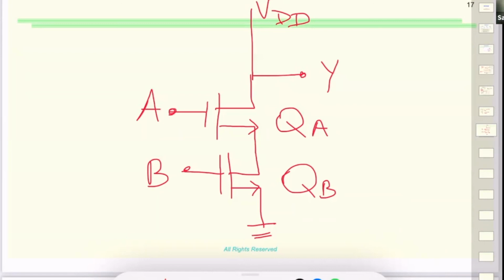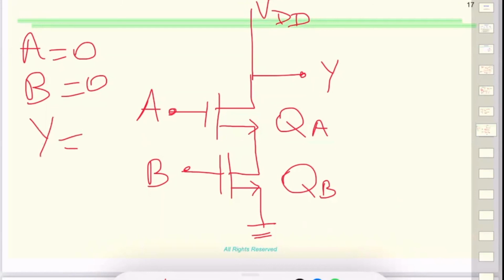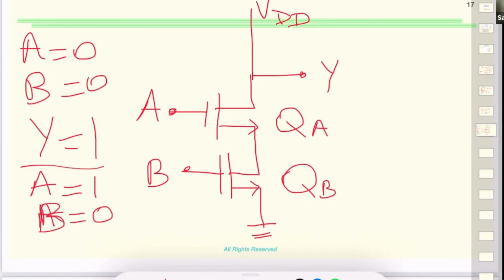So what kind of signal do we get? Let's say A is 0, B is 0. What do we get? Y equals VDD, or Y equals 1. Very good. And if I have any of them 0, so it can be A is 0 or B is 0, what do we get?